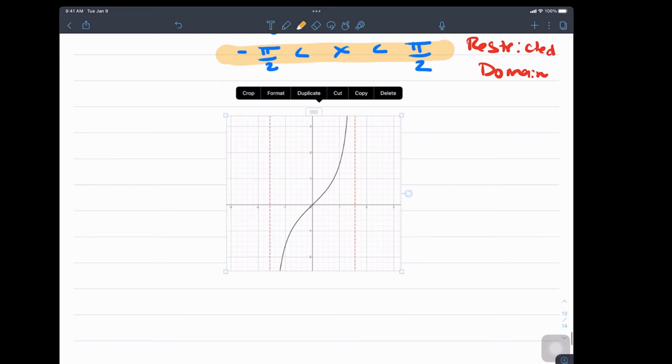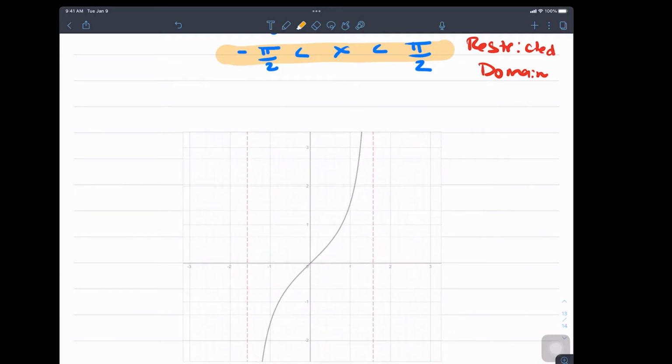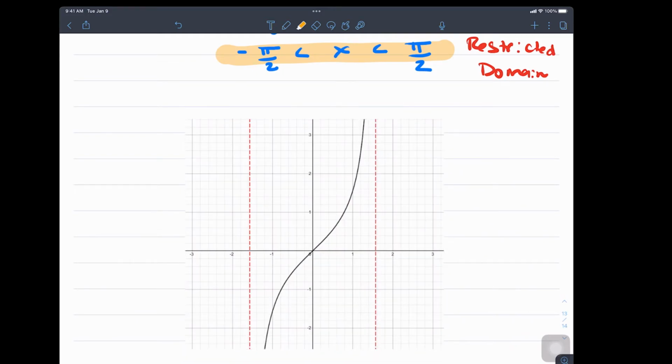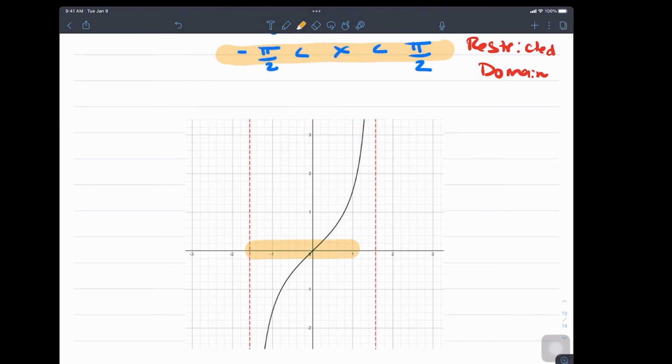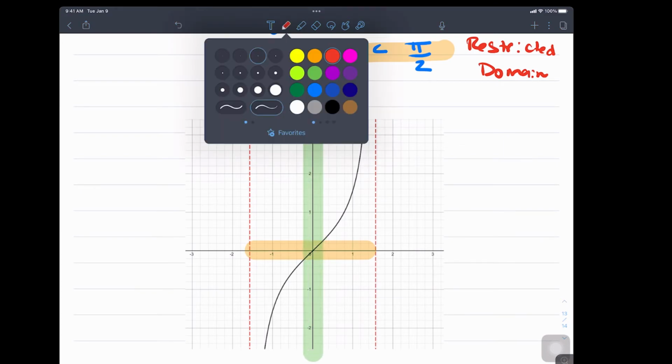Sorry. All right. Maybe a little better. What's your range? Do you guys know? Because we're talking about the domain, input values being here and here. It has vertical asymptotes at pi over 2 and minus pi over 2. So what is the range? You guys remember?